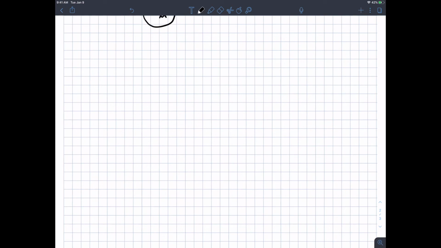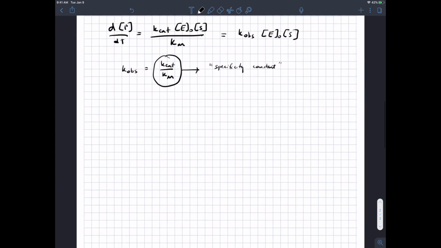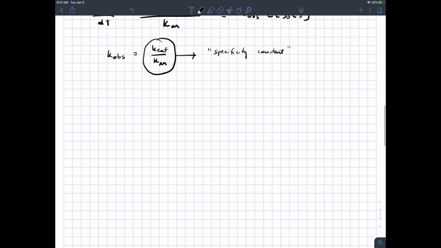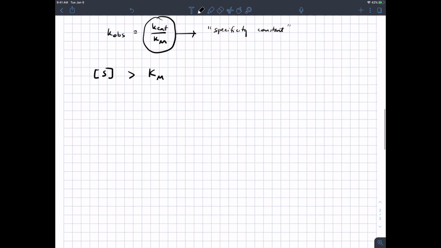Your text points out a couple of different scenarios where an enzyme might not be optimized for its particular conditions. For example, what if the physiological concentration of your substrate is much greater than the Michaelis constant?